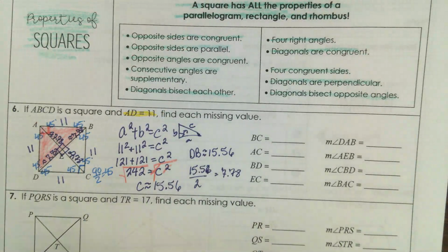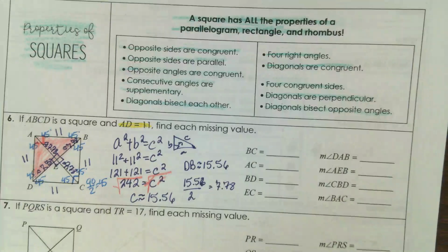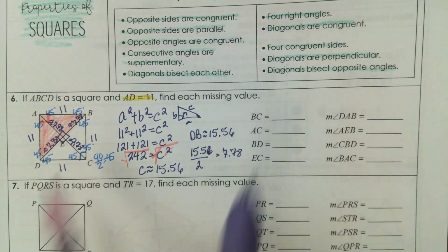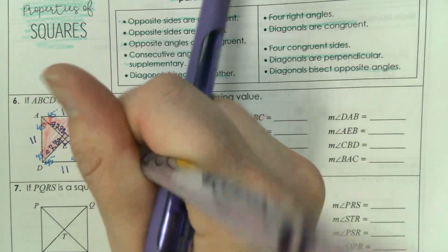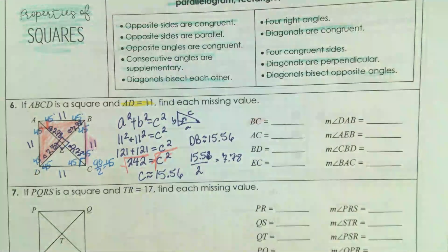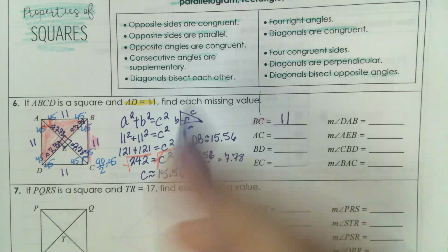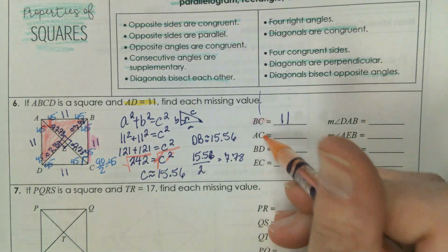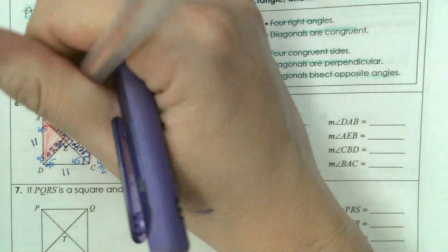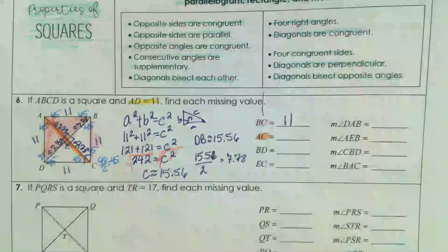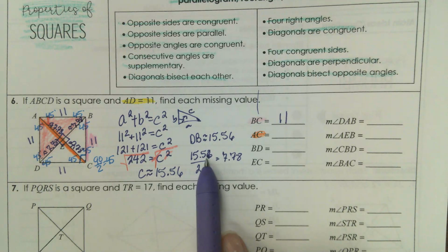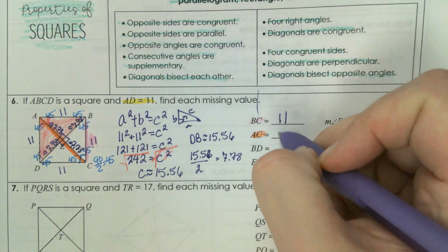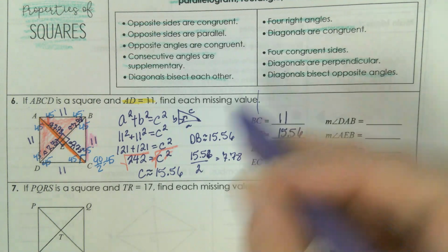Okay, now I'm going to start answering my questions over here because everything is labeled on my diagram. We're looking for segment BC. Segment BC is this side right here, which is 11. Segment AC is this diagonal all the way across there, which is 7.78 twice, and I know here that it was 15.56.